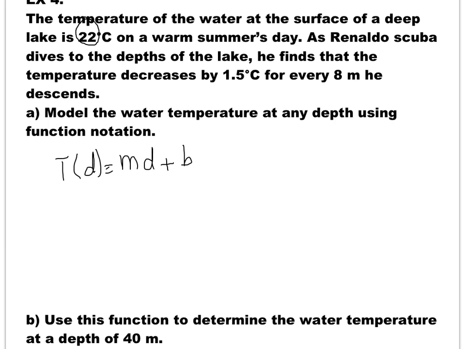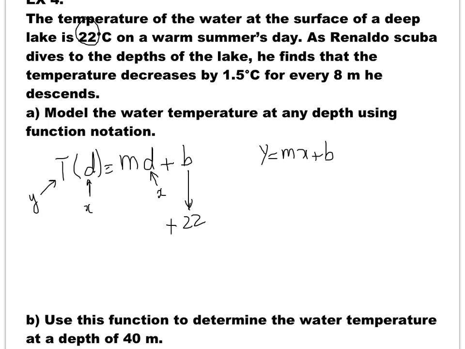Remember, d is really your x value, and T is really your y. Remember, y equals mx plus b. Since I'm using the function name T, and d is my x, then you have mx plus b. Now, your y-intercept is 22. So we know that this is plus 22, because b is 22.